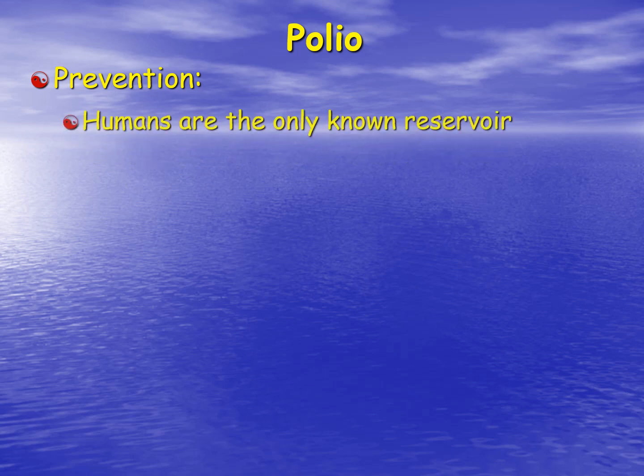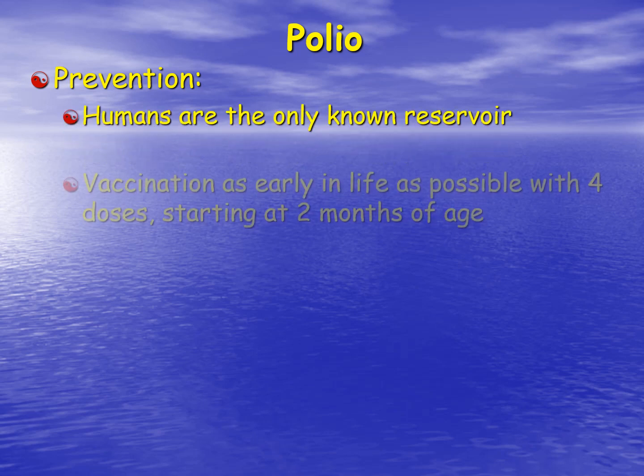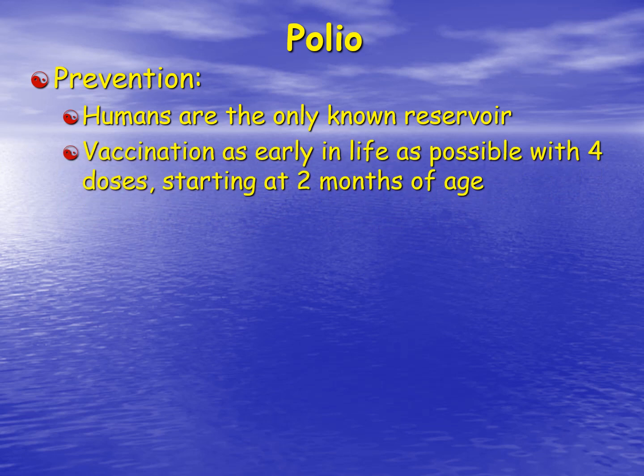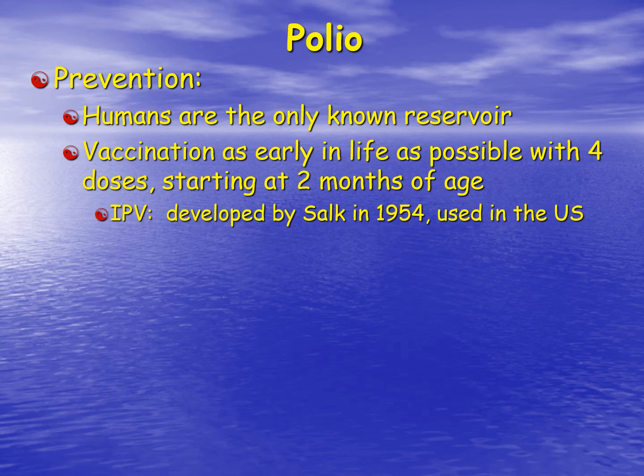Prevention of polio. Humans are the only known reservoir for poliovirus. We do not see it in other animals. Vaccination as early in life as possible. It should begin with 4 doses starting around 2 months of age. The IPV vaccine was developed by Salk in 1954 and was used in the United States for many, many years.